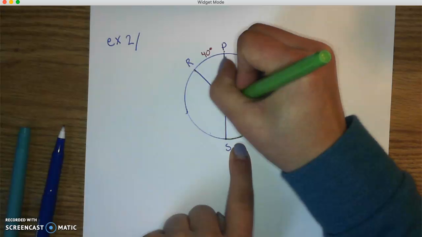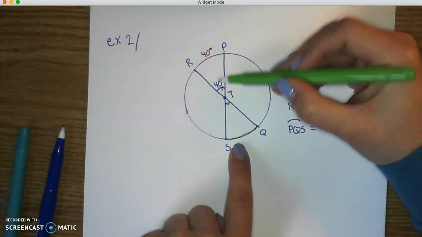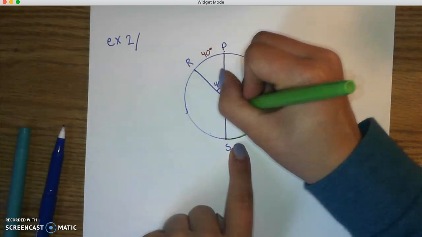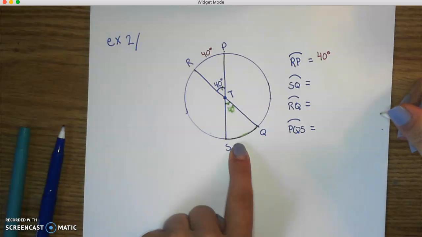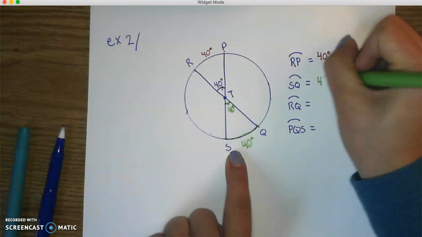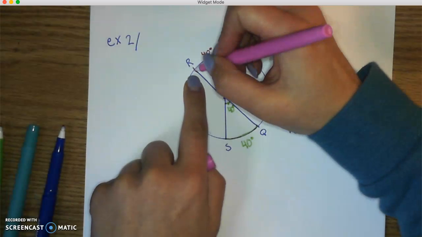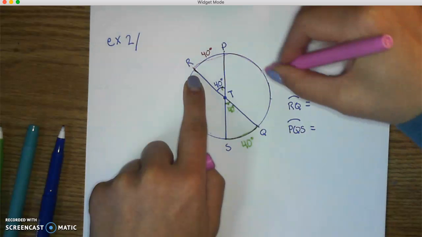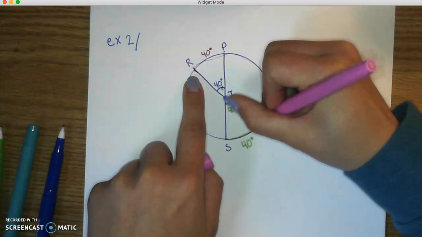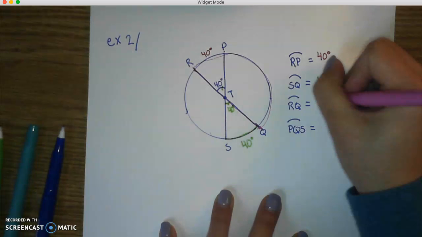It's across from this, which means if this angle is 40, vertical angles are equal, which means this arc is also 40 degrees. So 2 of them are done. All right, let's do RQ. R all the way to Q. Well, this is a diameter, which is how many degrees? 180.